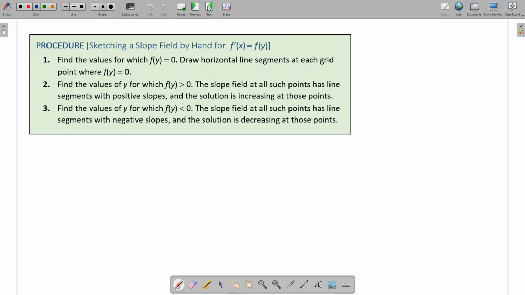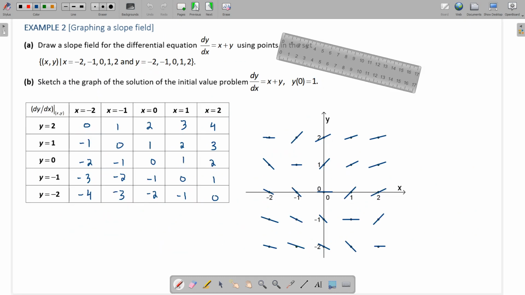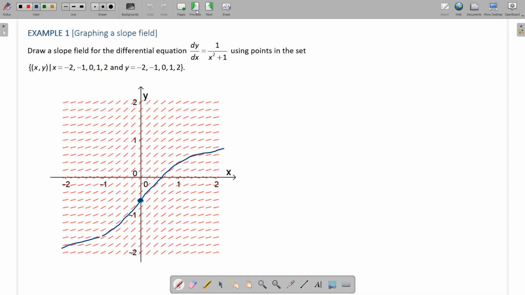Okay, so the next type of slope field that we're going to graph is a special type. We're looking at differential equations, dy/dx, where the right-hand side is just a function of y. We've actually seen an example of the opposite, where the very first one we did was of the form dy/dx equals f of x.